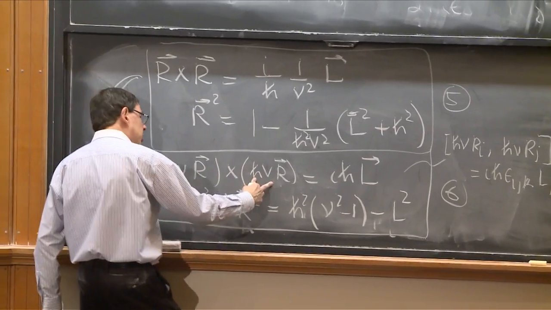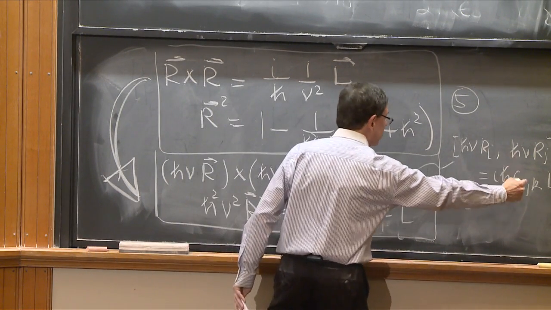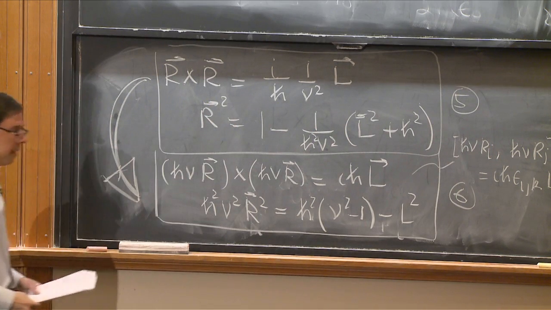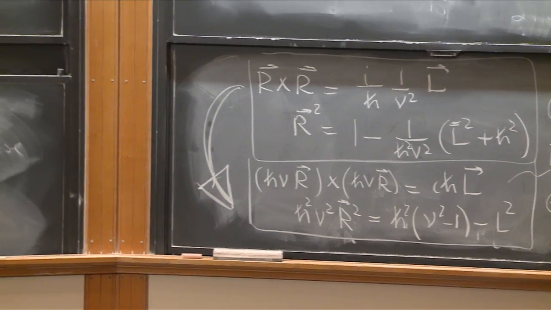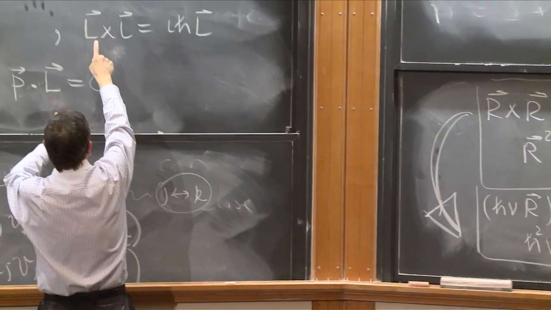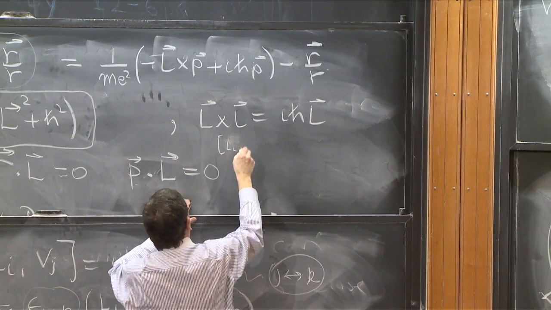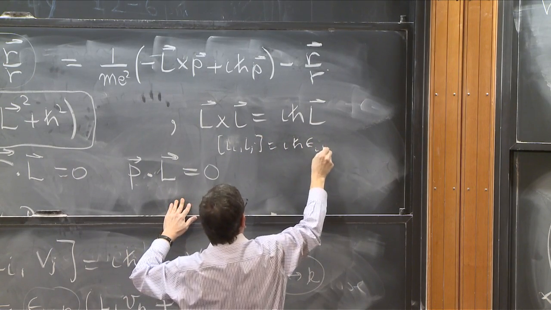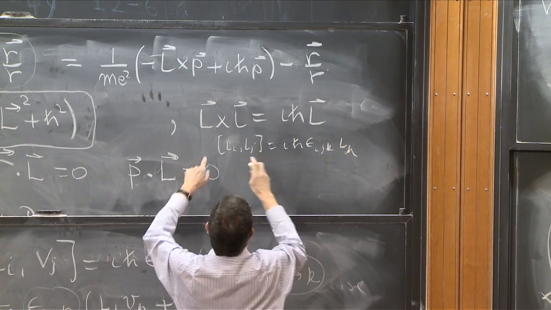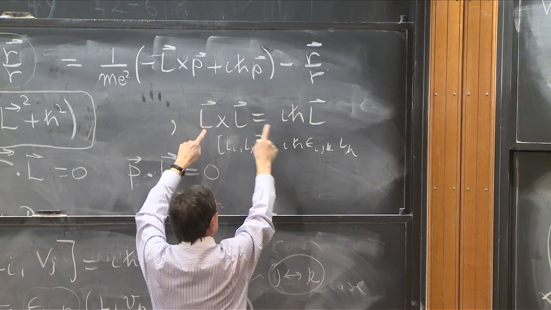H nu r cross h nu r equal i h bar L in components means this. That is not totally obvious. It requires a small computation, but it's the same computation that shows that L_i L_j equals i h bar epsilon_ijk L_k, in which these L's have now become R's.